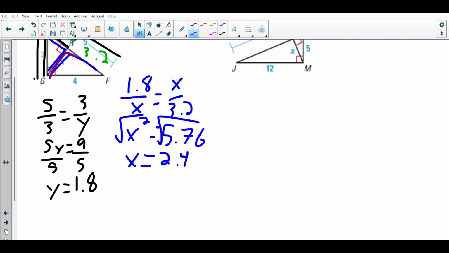Now let's use the Pythagorean theorem. I'm going to use the Pythagorean theorem with the purple triangle here. So we have 4 squared is equal to 3.2 squared plus x squared.